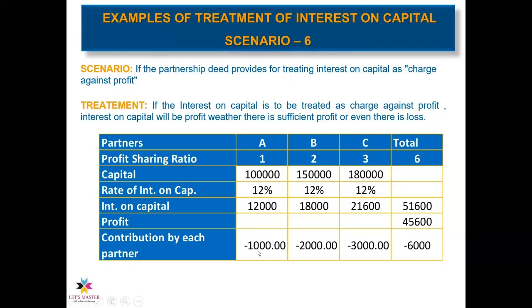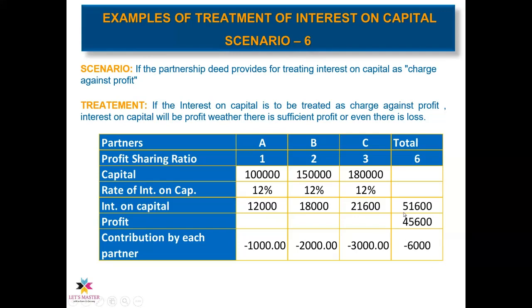So this 6,000 would be charged to partners' capital or current account, as the scenario may be, depending on whether you are maintaining the partners' capital account as fixed, using the fixed capital account method or fluctuating capital account method.